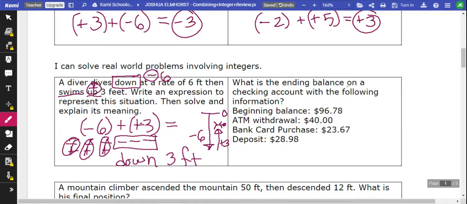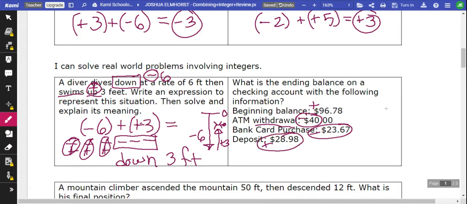So what is the ending balance for the checking account? Following information. Okay, so the beginning balance is positive 96.78. Then you're going to take out money. A withdrawal is negative. And then a bank card purchase is negative. And then a deposit is positive.